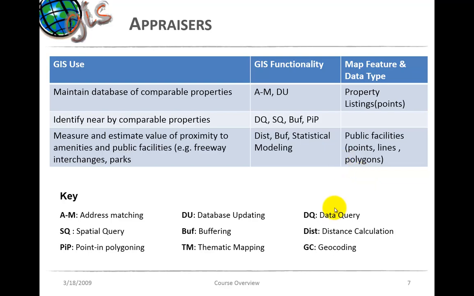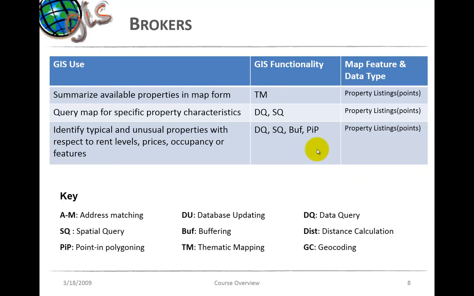When you come to brokers, what they need to do is summarize available properties from a map. Essentially, this is thematic mapping: what properties are valued and where they are located, and querying the map for specific property characteristics.